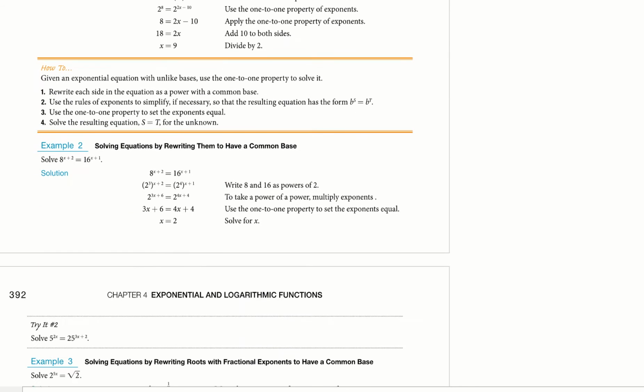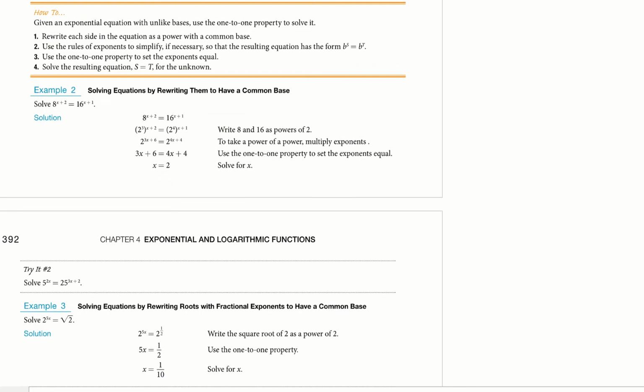You can also rewrite them. So here's the book's example. Notice how they rewrote the bases to be powers of 2. We're going to try that here. So that means we are going to have, well, I know that 25 is 5 squared.